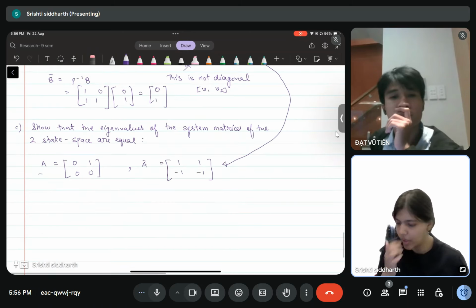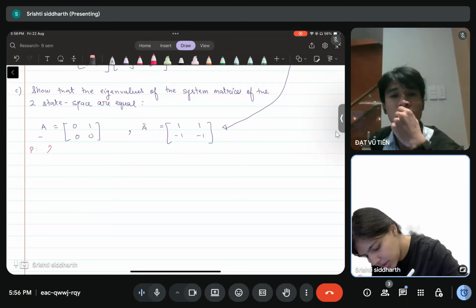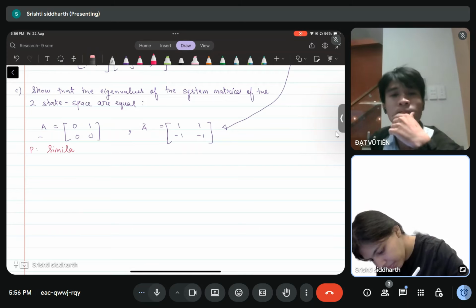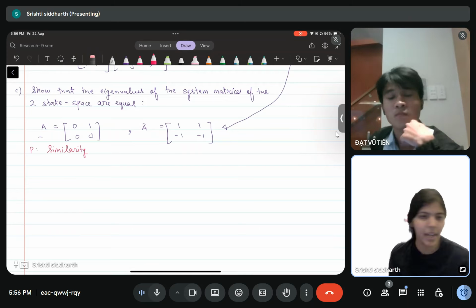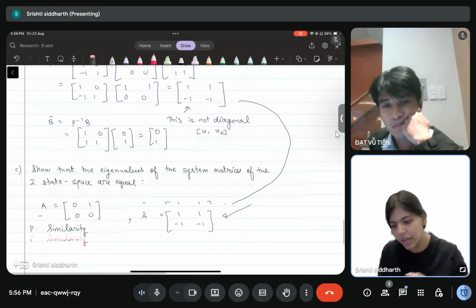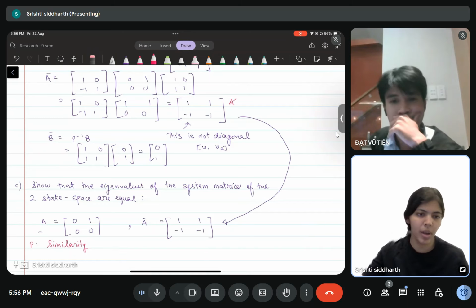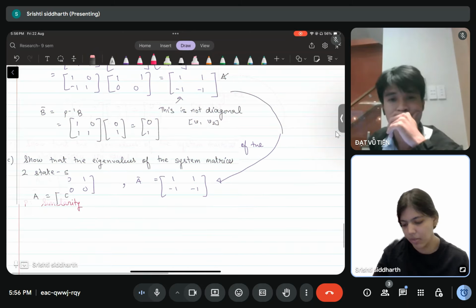What we want to talk about is that the P considered above is a similarity transformation. So not all similarity transformations need to actually diagonalize the system. There are some which do not diagonalize. For example, we get A bar here, but still the two systems have the same eigenvalues.